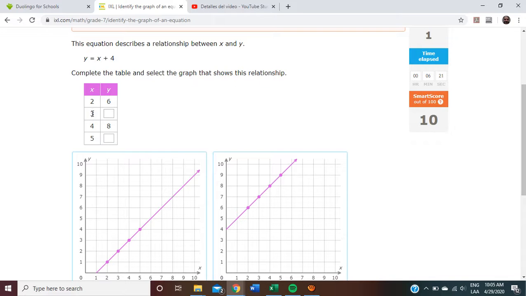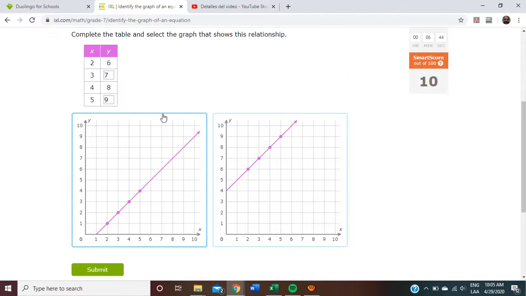Now let's say with 3: 3 plus 4 equals 7. Now with 4: 4 plus 4 equals 8. Now with 5: 5 plus 4 equals 9. So we have already completed the table, and we have the coordinates.